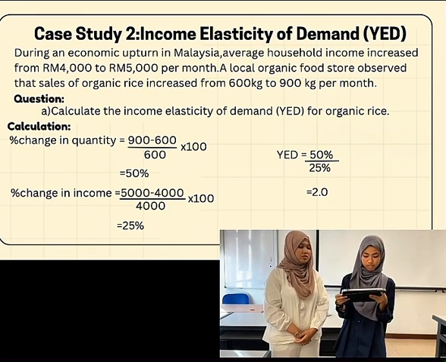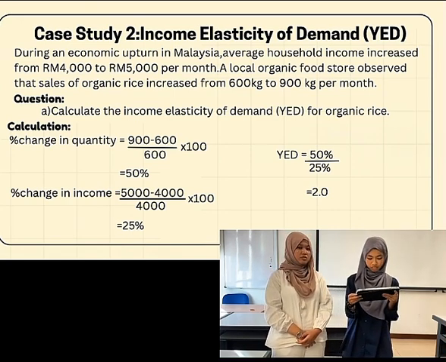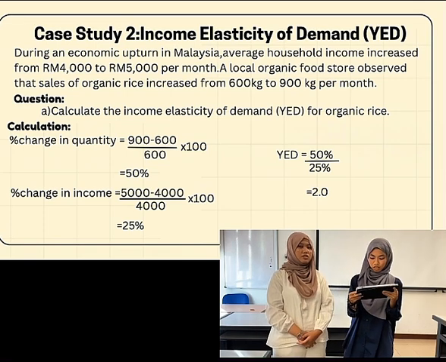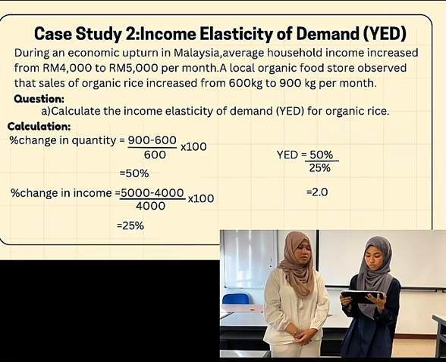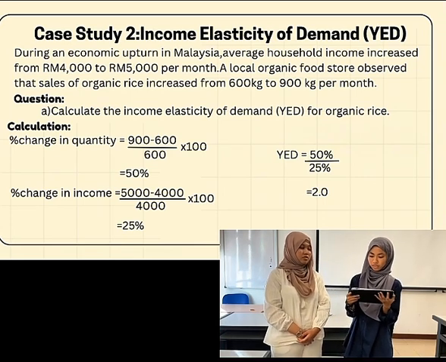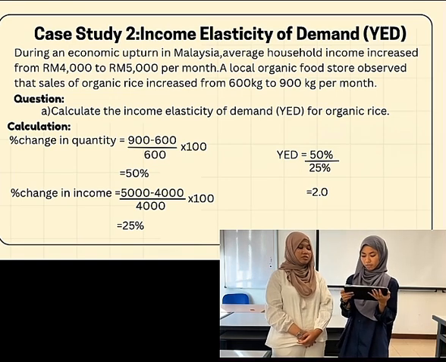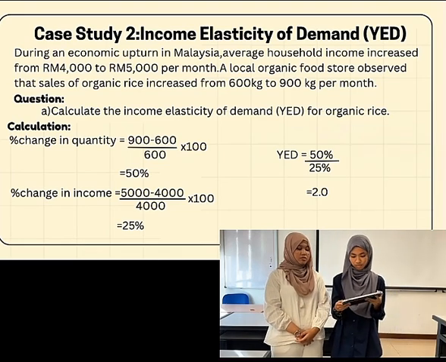And percent change in income: 5,000 minus 4,000 divided by 4,000 and times 100, and we got 25%. So for the income elasticity of demand, we got 2 because 50% divided by 25%.